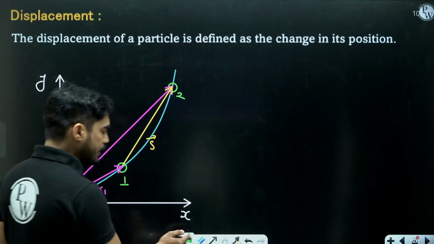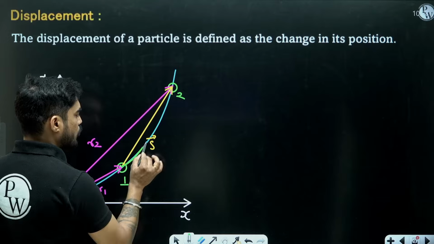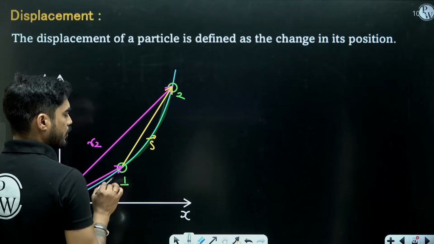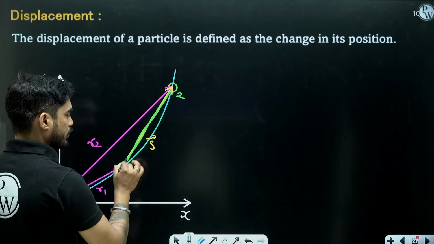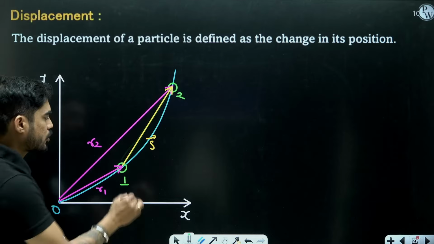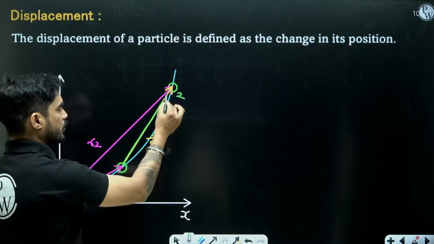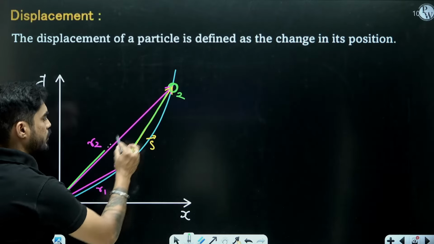Now can you see that the actual path from 1 to 2 is this, but we are considering this path, which is the shortest path between 1 and 2. Now look at this triangle.